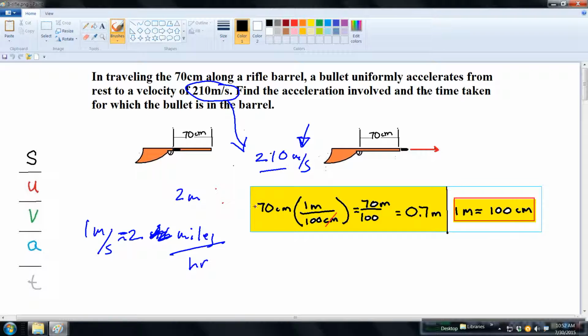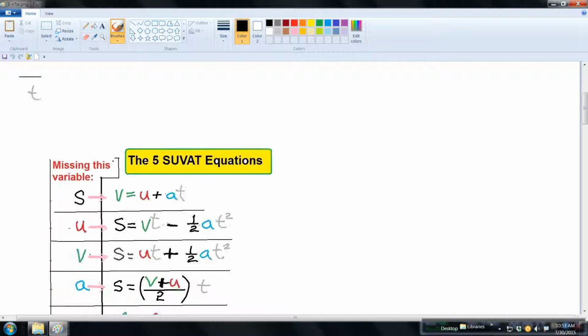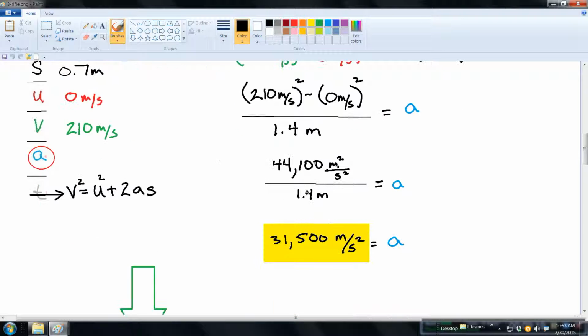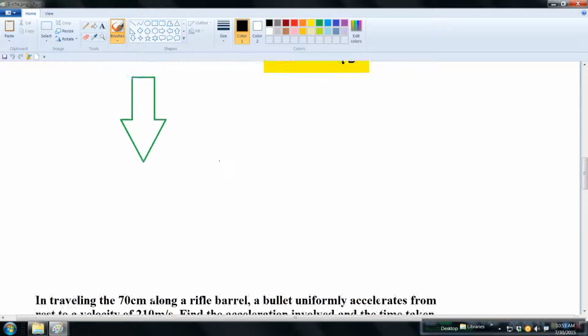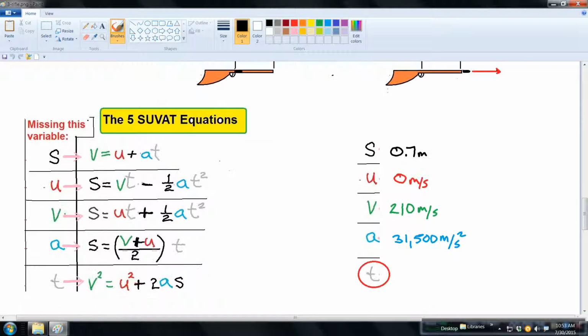If we've got 210 meters per second, it's over 400 miles an hour. That's really not that fast, actually. There's guns that are higher velocity than that. But anyway, that acceleration is very high. But let's look at how long that bullet is under that acceleration.